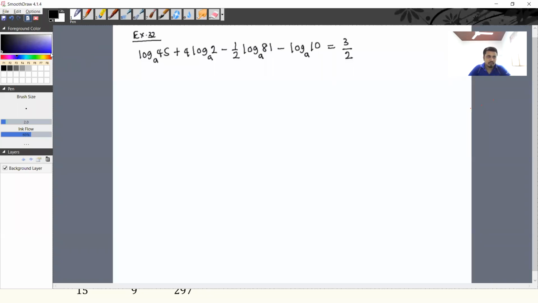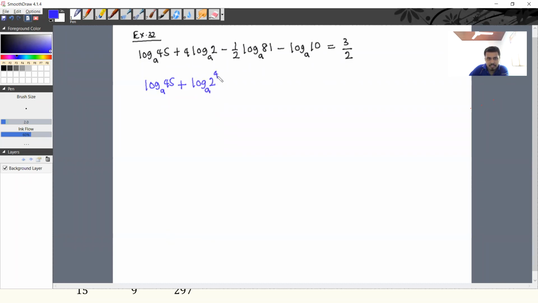Right. Using the laws of logarithm, we can further simplify this. This term we will take as it is, log of 45 to the base a, plus this one we can rewrite as log of 2 to the power 4 to the base a.